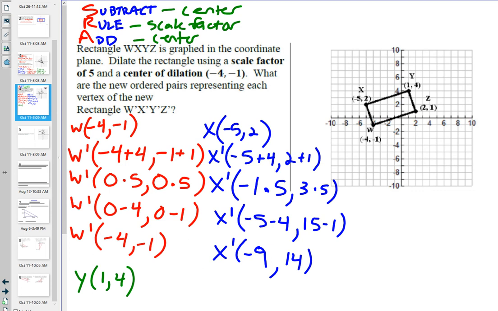What is the image of the y? Where is the y going to end up at? Penny, do you know? You can ask Aziz as well.